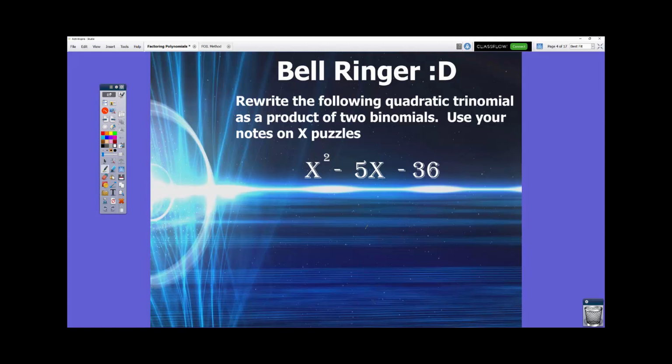So what we are going to do is we're going to start out by creating our X puzzle itself. I'm just going to start out with an X. We're going to put the value that is right here in the top slot right here, -36.